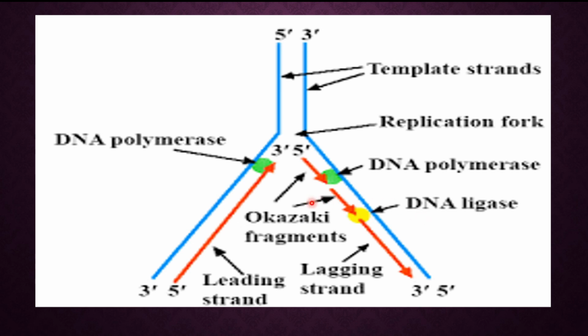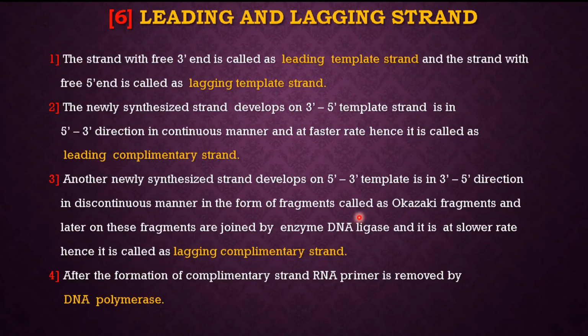That's why this strand formation is fast, so it is called leading. Leading means winner. And here first fragments are forming and then complete strand formation takes place. So it is taking too much time. That's why it is called the lagging strand. So here we have completed this point, the lagging strand.